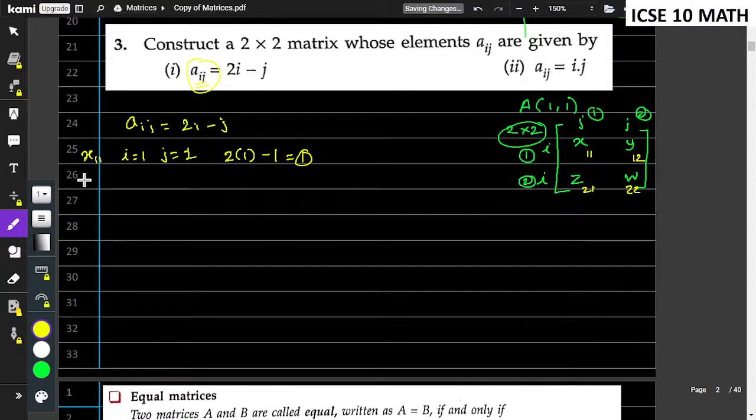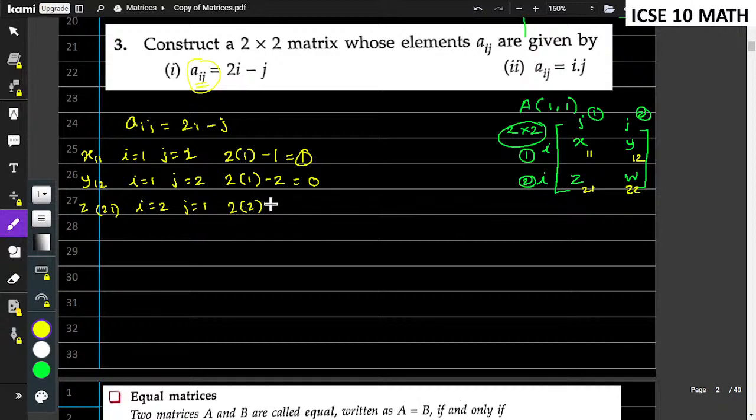Alright, then Y is 1 2, so I is equal to 1, J is equal to 2. Put it in the formula: 2 into 1 minus 2. So 2 minus 2 is 0. Then Z is 2 1, so I is equal to 2, J is equal to 1.